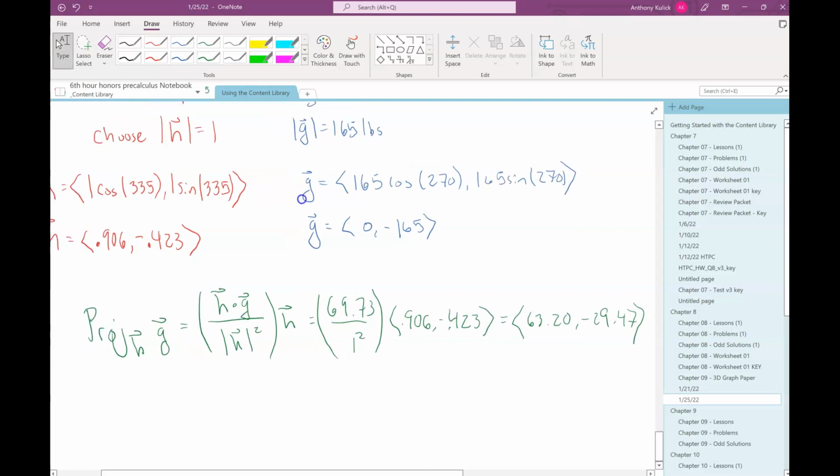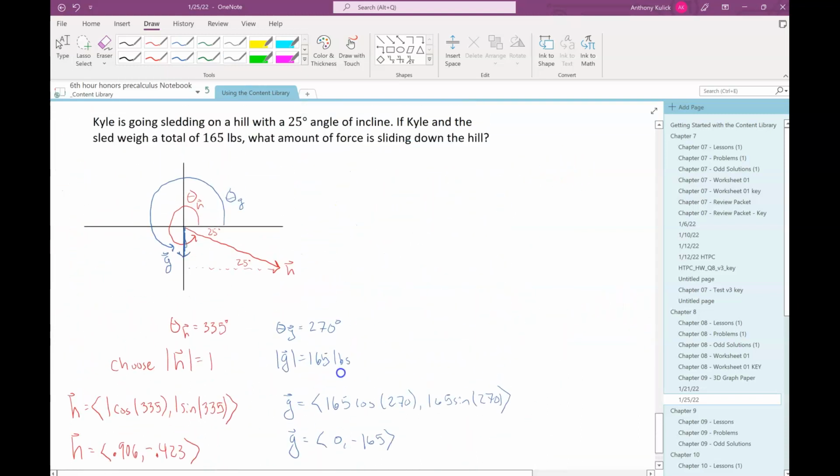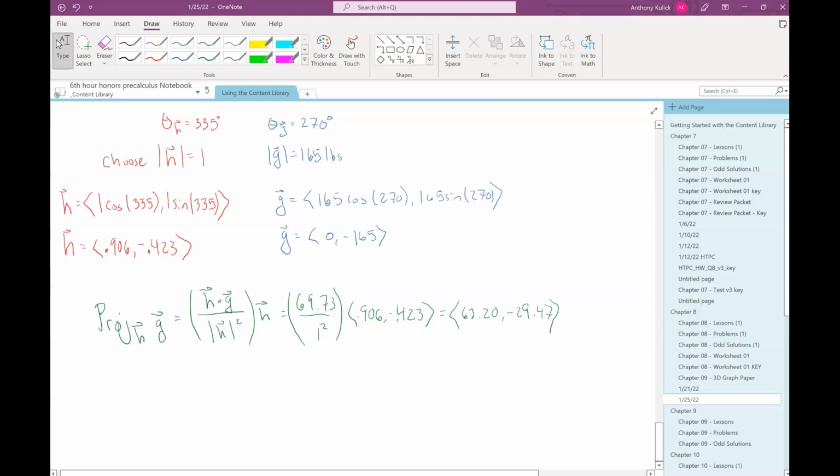Now notice that what we asked in the question was the amount of force sliding down the hill. So this is the amount of the 165, or the gravity vector, that's going down the hill. So to get the force out of that, what we want is the magnitude of that vector.